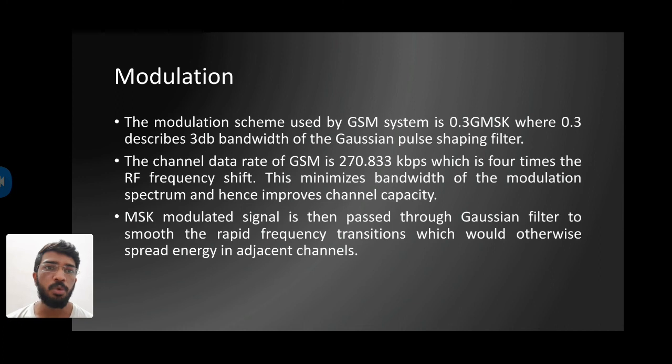The MSK modulated signal is then passed through a Gaussian filter to smooth the rapid frequency transitions, which would otherwise spread energy into adjacent channels. Modulation is required because at low frequency noise has more effect.